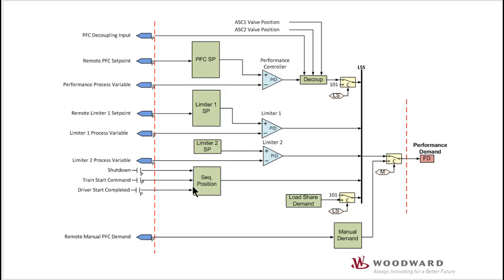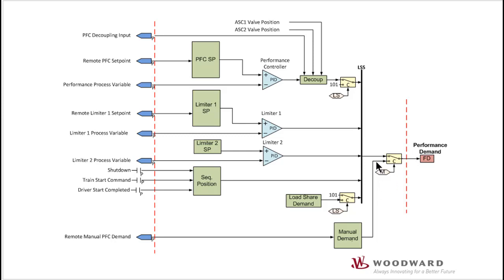There's a sequence positioning ramp, and this is used to ramp the output to pre-configured values during startup and shutdown. And these signals are sent to the low signal select bus, which sends the lowest value out to the final demand. There is a manual demand ramp, and this is used to allow the operator to set the final demand at a predetermined value.